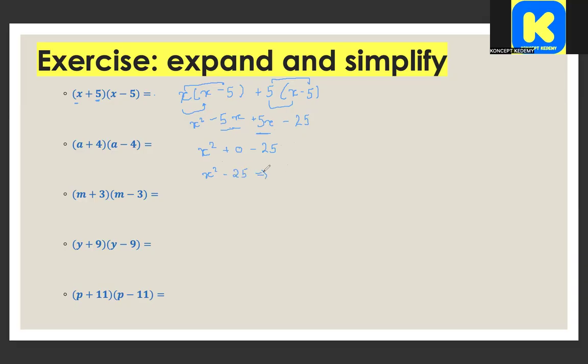If you want to connect this with the perfect square difference topic, you can see that x is already in the square form, and we know that 25 is the square of 5. So x square minus 5 square. So at the end, when we are multiplying these kinds of things, we are getting the variable square, then negative of the square of the second one.